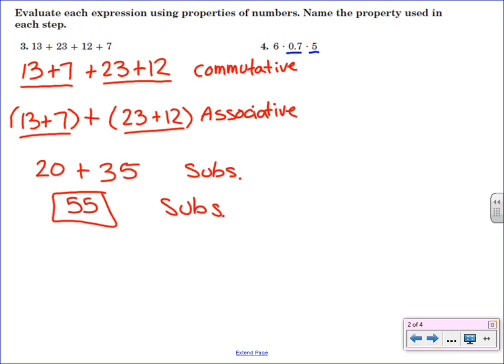So I'm going to put brackets around the 0.7 and the 5 so that I can do those before I multiply by 6. So I'm going to do 6 and then parentheses 0.7 times 5. And that's the associative property, which says I can group them in any way. I'll abbreviate it with ASSOC, associative.